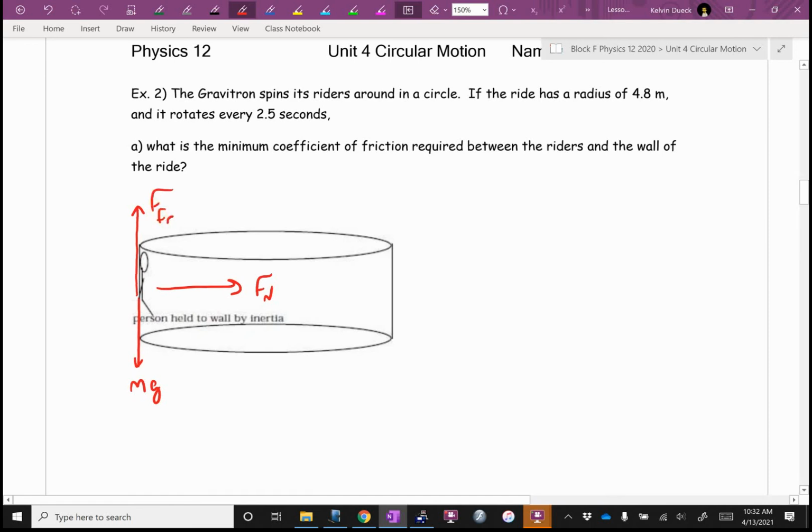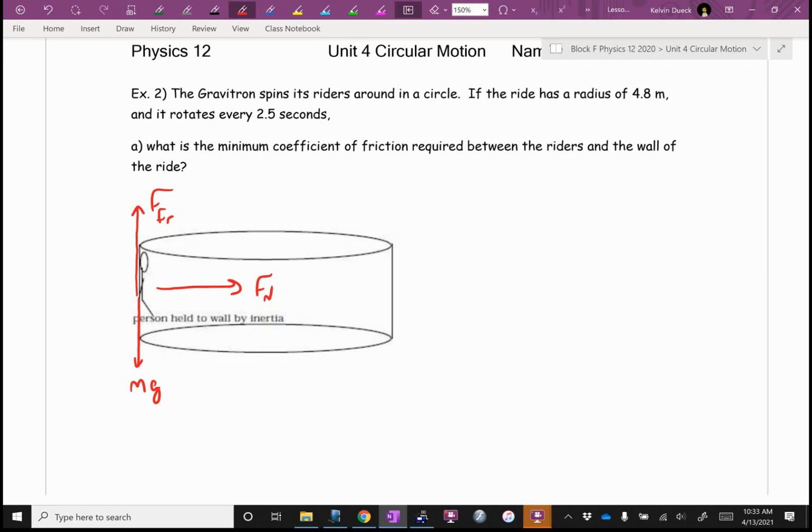A little weird. Well, you can kind of imagine that instead of the ground being flat, we've tilted the ground. And so now the normal force is pointing in the way we're used to, and friction is pointing in the way we're used to. Okay. What did this question want me to find? Vertically, are we accelerating down?